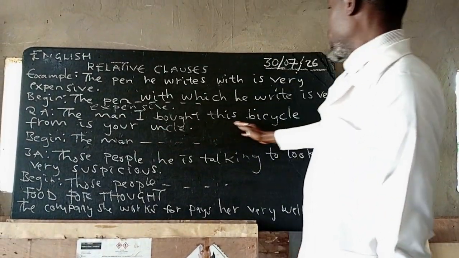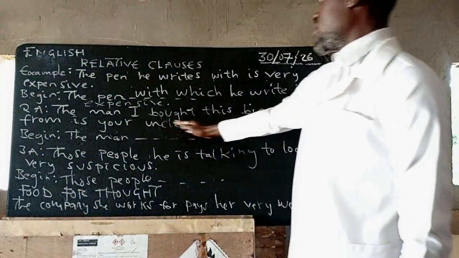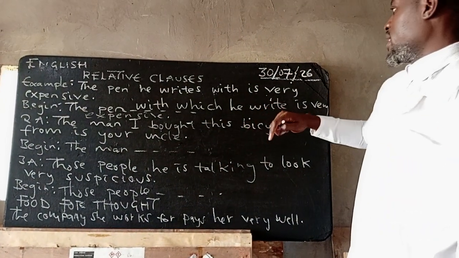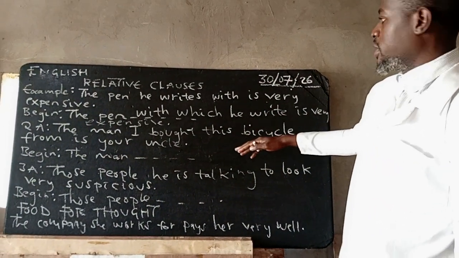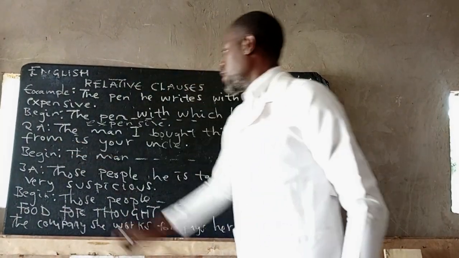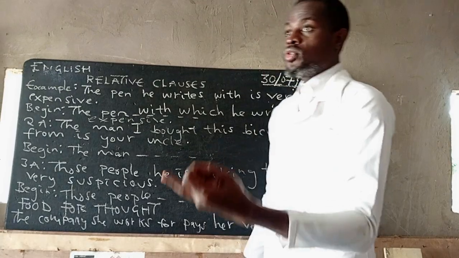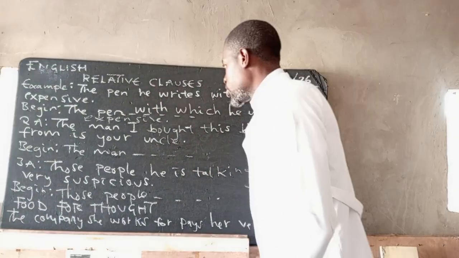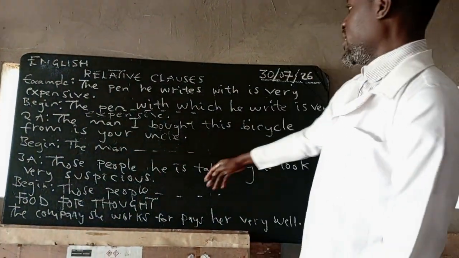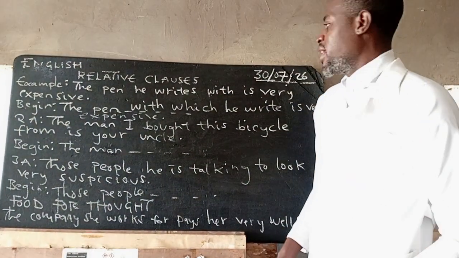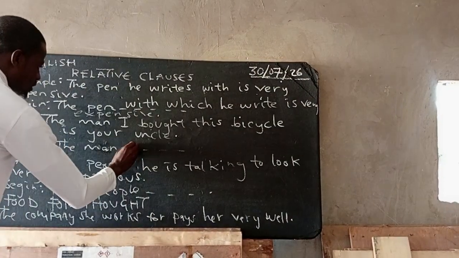The man I bought this bicycle from is your uncle. We're told to start with the man. So when you see something like this, just identify your preposition. Here the preposition is from. Then think of the relative pronoun you use. Is it who, whom, whose, etc.? So we say the man from whom. Here we use whom. These are simple.